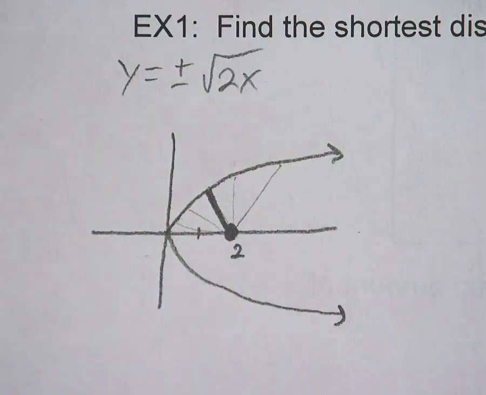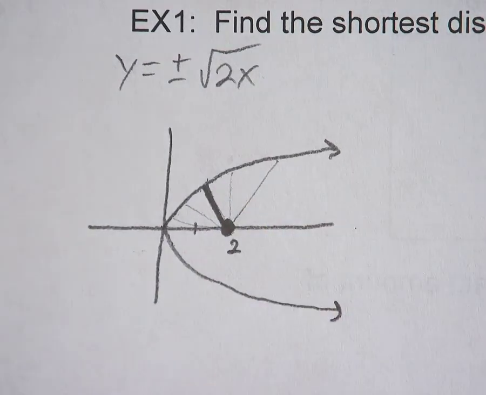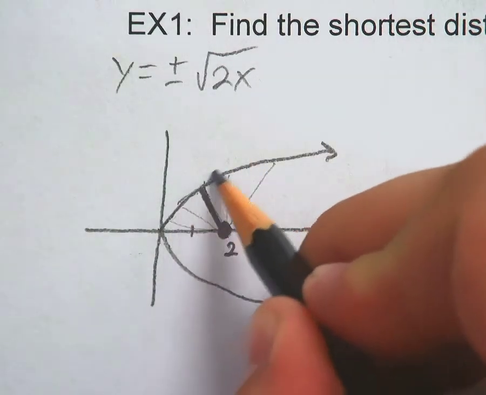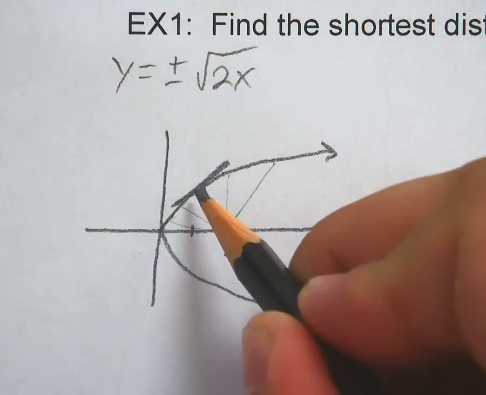So the question is, how do you know where to draw the shortest line to? So how do you know what the shortest line is? Well, it has to deal with how it hits this other side. See, the shortest line is going to be the one that intersects this side at a perpendicular tangent to this line.